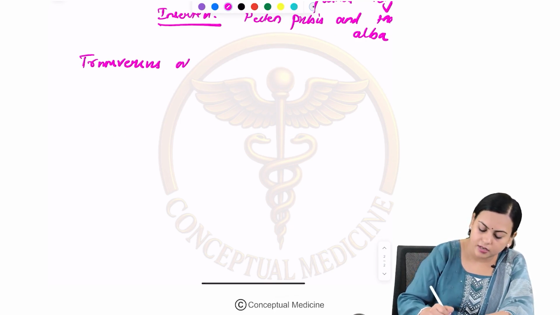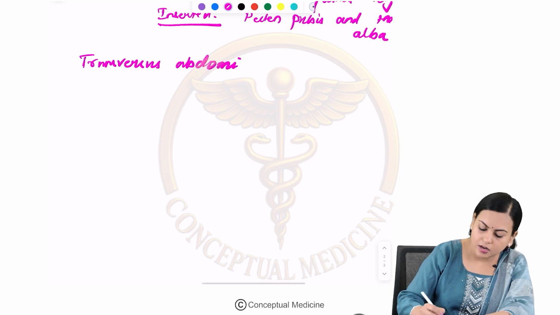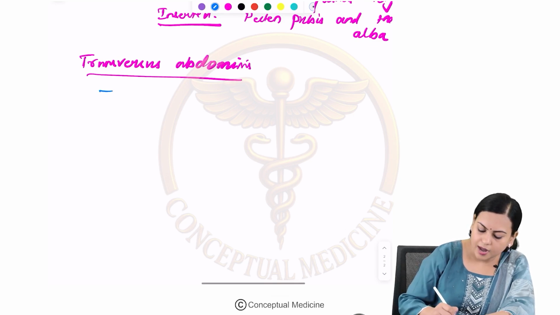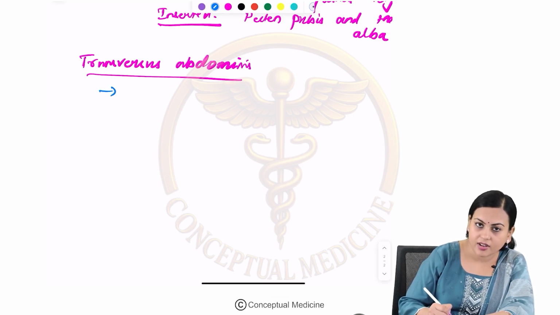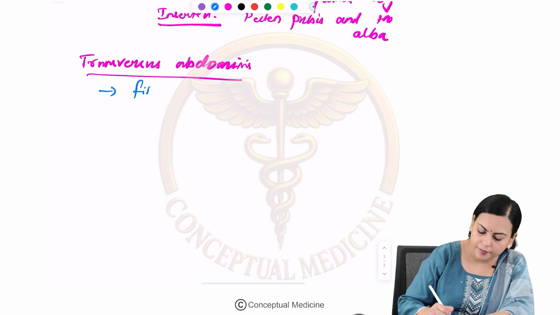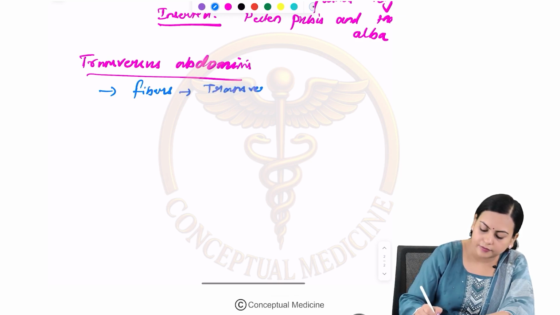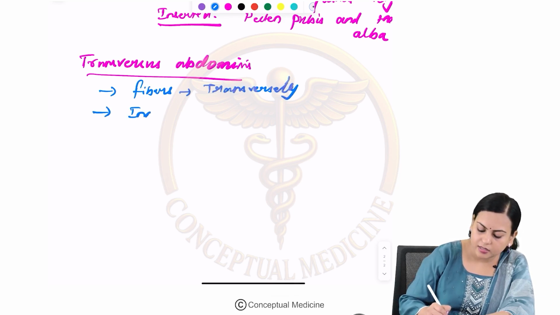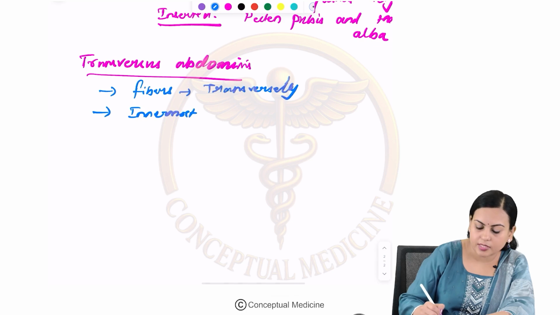Transversus abdominis. As the name says, this transversus abdominis, the fibers run transversely, and this is the innermost muscle of the flat muscle group.